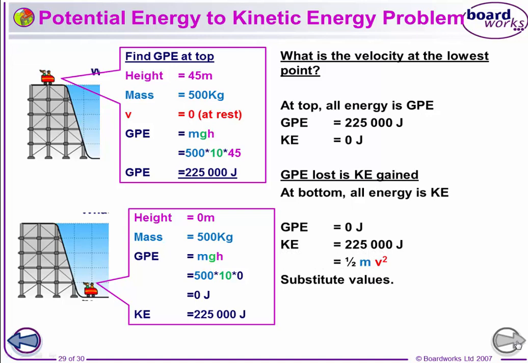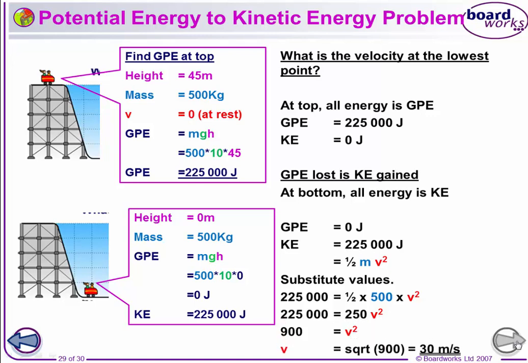Let's substitute the values. m is equal to 500. v we need to find out. We know the kinetic energy is 225,000. So let's simplify this to find v squared. Divide both sides by 250 and we get v squared equals 900. v is the square root of 900, which is 30 meters per second.